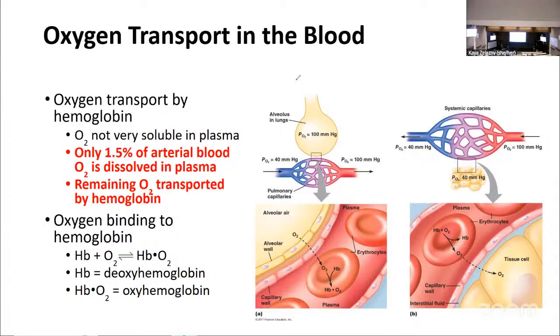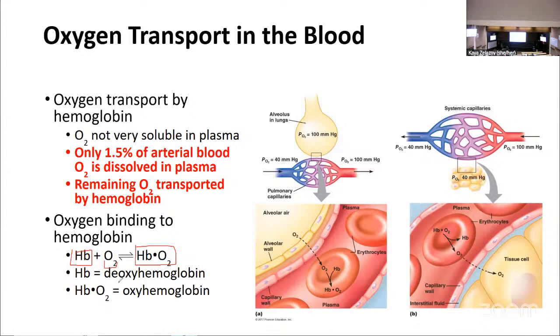When we look at this, hemoglobin is going to be denoted by Hb, and we're going to see hemoglobin binding to oxygen. When we see HbO2, that's how we denote that these two things are bound together.